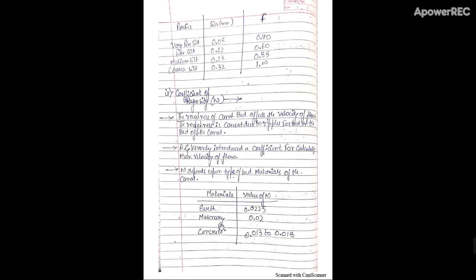When the material is masonry, it is 0.02, and when it is concrete, 0.013 to 0.018. So the first factor was silt factor and the other one is the coefficient of rugosity.